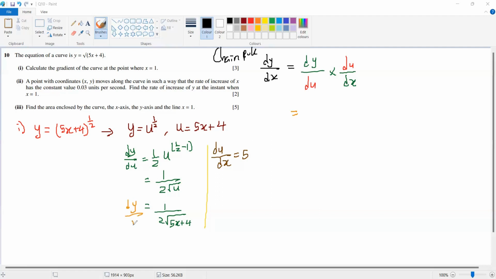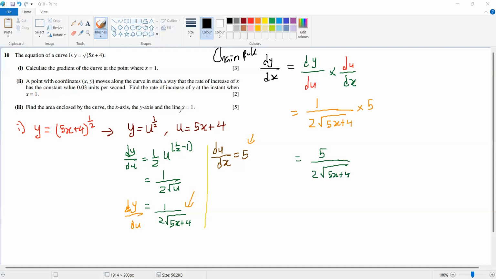The dy/du part comes from this section, so I'm going to copy this and write it here: 1 over 2 root of (5x + 4). And then times du/dx, we take this number, it's just a constant, 5. That means dy/dx is, ta-da, 5 over 2 root of (5x + 4).